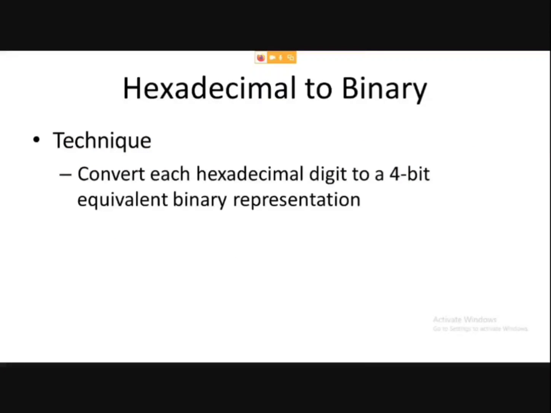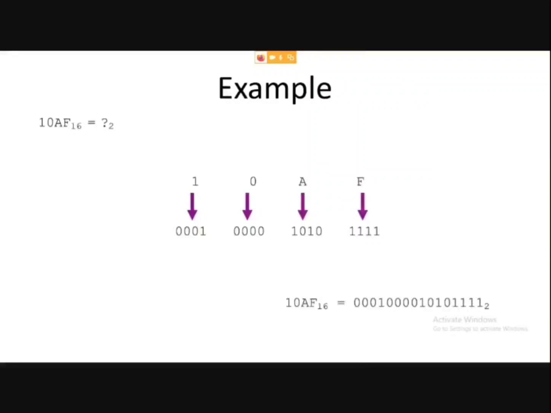Okay. Similarly, for hexadecimal to binary, we will be converting each hexadecimal digit into its 4-bit binary representation. Instead of 3, which we used for octal, now we'll be using 4-bit binary equivalents. For example, if I want to convert this 10AF, which is hexadecimal, into binary, then I will represent 1 in 4 bits as 0001, then 0 as 0000, A as 1010, and F as 1111.